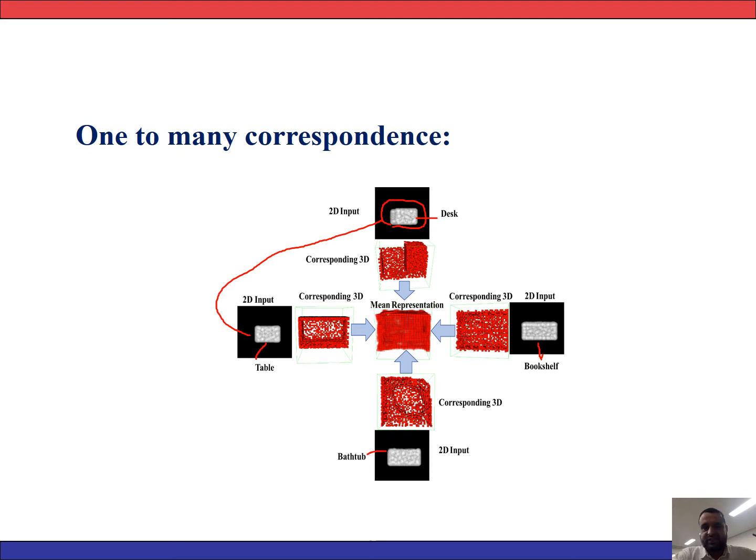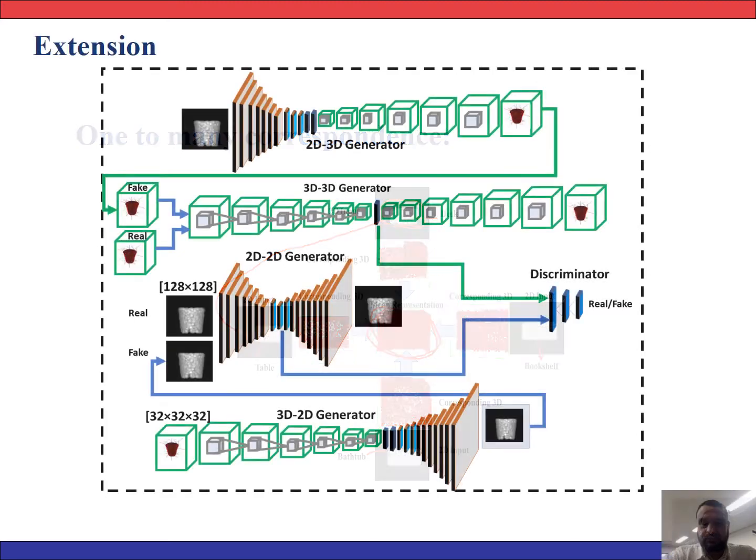So we tested this network on such challenging samples, and the output was a mixture of all those representations. So it was not able to accurately reconstruct the 3D representation from the 2D images, which show similarity to other classes, and it was a difficult example.